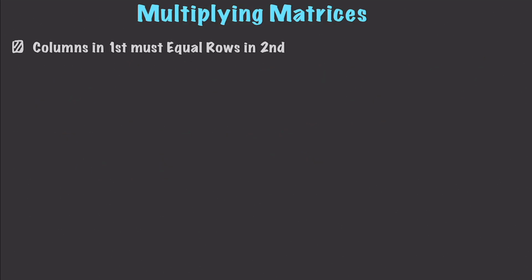So let's say, for example, that we have 2 offices. So office 1 and office 2. And these 2 offices are going to be ordering different office supplies. So they want a certain number of pens, a certain number of pencils, and a certain number of notepads.